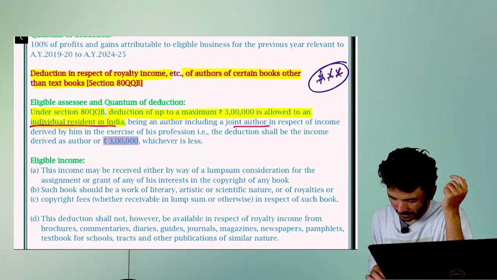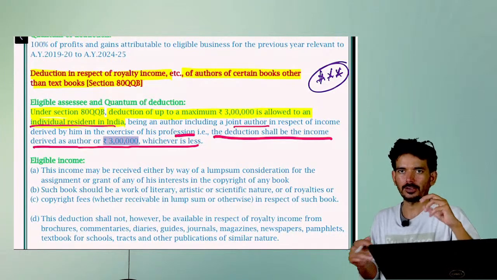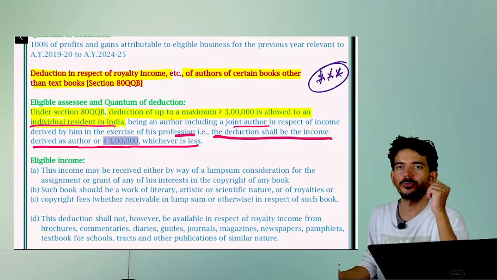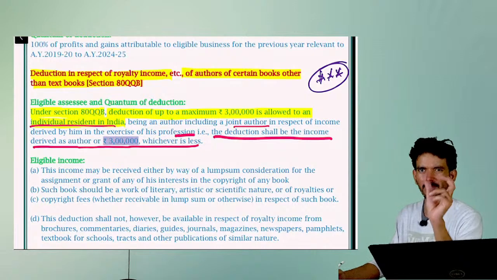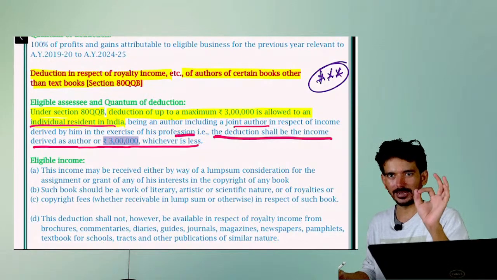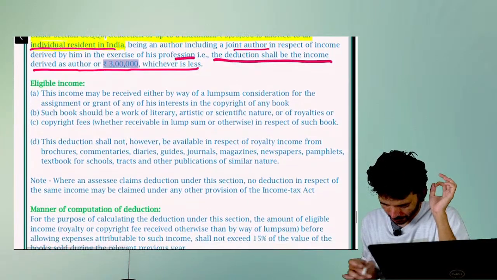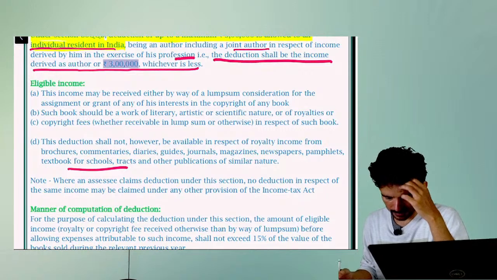In respect of income derived by him in the exercise of his profession, the deduction shall be the income derived as an author or 3 lakh, whichever is less. So whatever they get, or 3 lakh, whichever is less, that will be the 80QQB deduction. So for the exam, just remember 3 lakhs, guys. That's it. Authors of books other than textbooks, 3 lakh rupees. And school textbooks are not available.